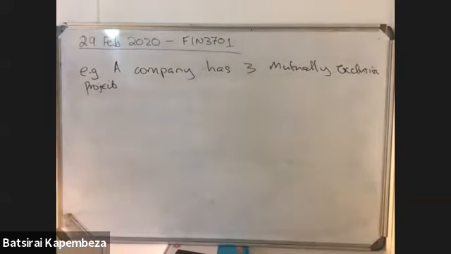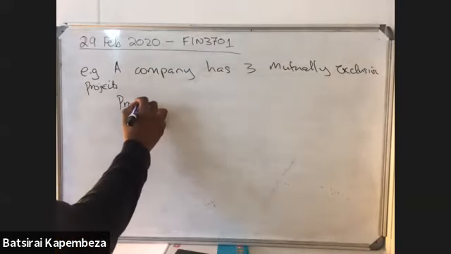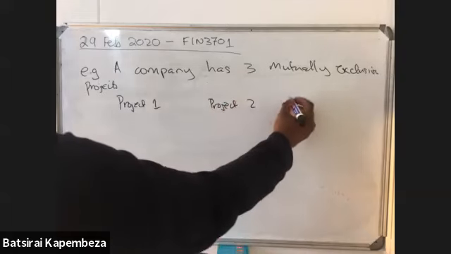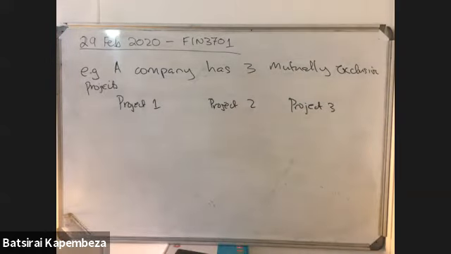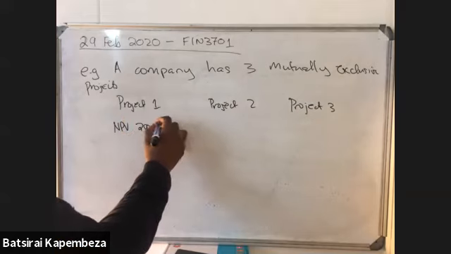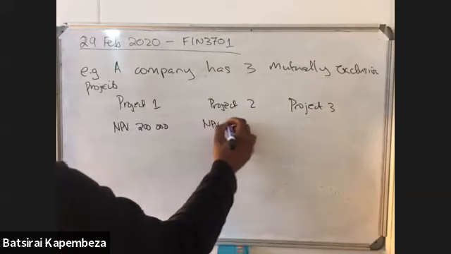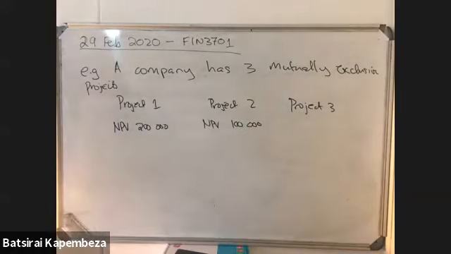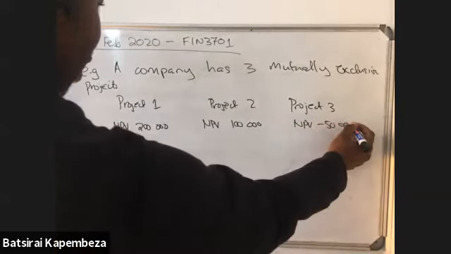We'll call these projects Project 1, Project 2, and Project 3. Let's say Project 1 has an NPV of 200,000 Rand. Project 2 has an NPV of 100,000 Rand. And Project 3 has an NPV of minus 50,000 Rand.